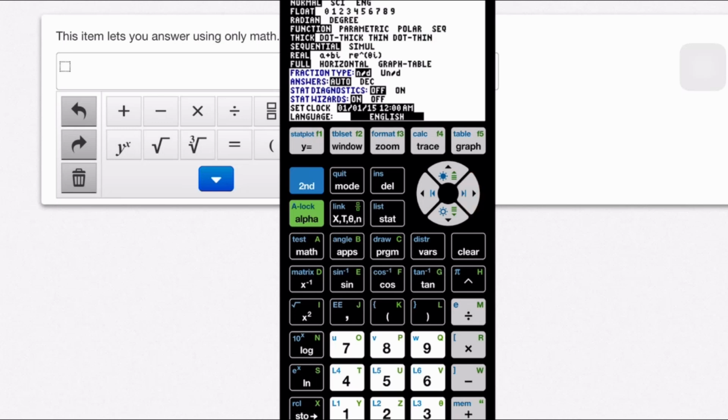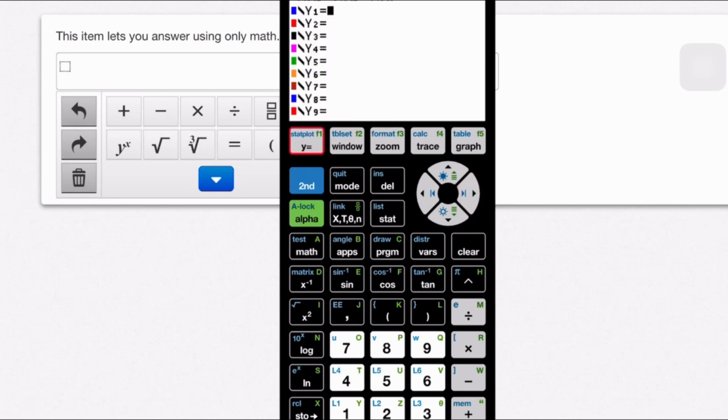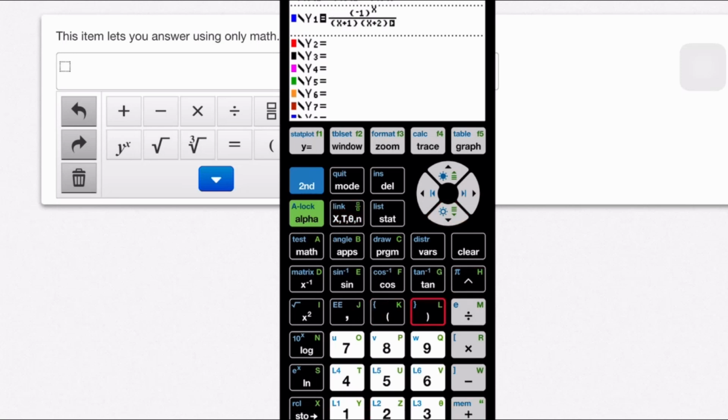Then you go to your expression over here and key in this: -1 to the power of variable, then variable plus 1, variable plus 2, right?